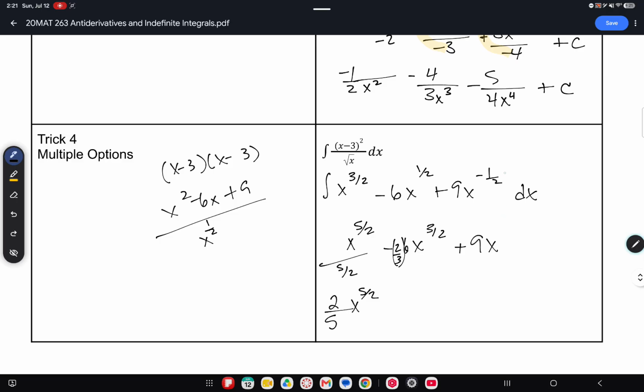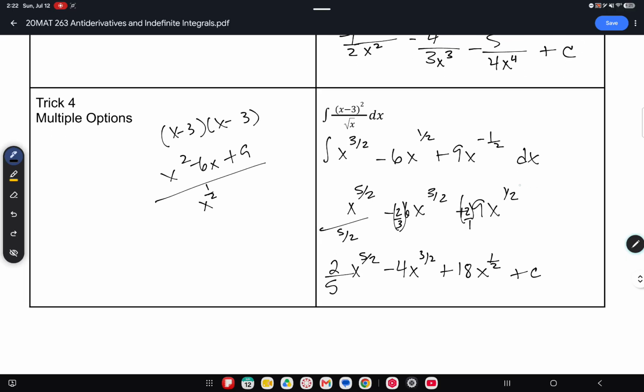And then if I add 1, I get 1/2. And when I divide by 1/2, I'm really multiplying by 2 over 1. And I'll just simplify. So 6 over 3 reduces to 2. 2 times 2 is 4. And then 2 times 9 is 18. And then don't forget plus c.